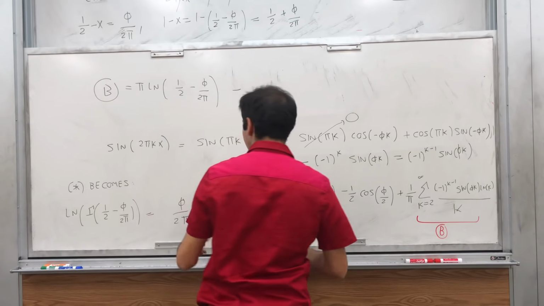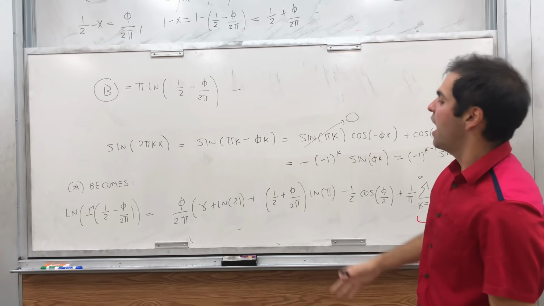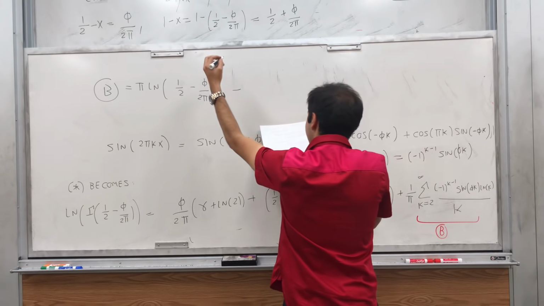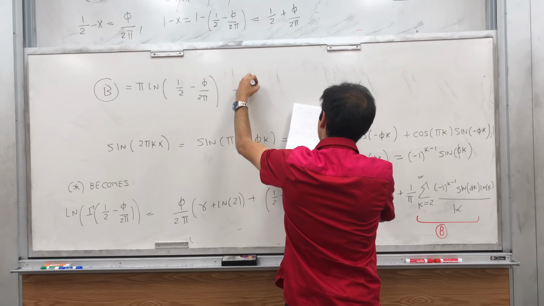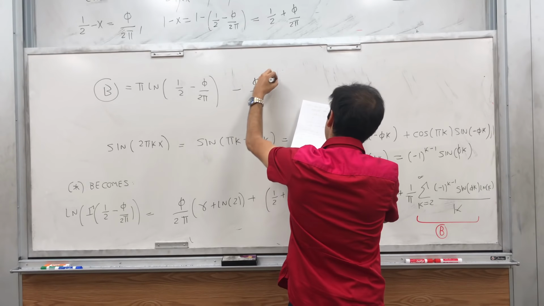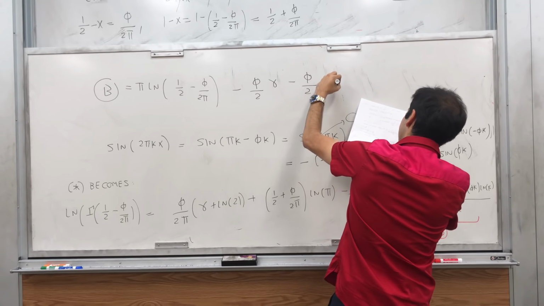And then minus pi, phi over 2 pi times gamma times pi. So minus phi over 2 gamma. And then minus phi over 2 ln of 2.